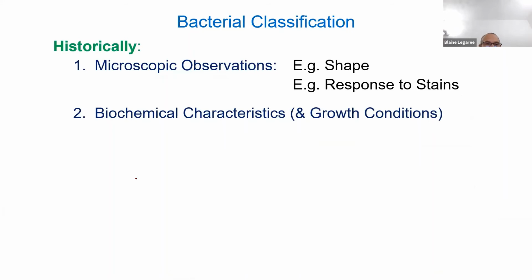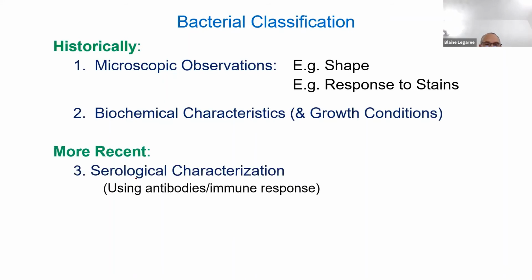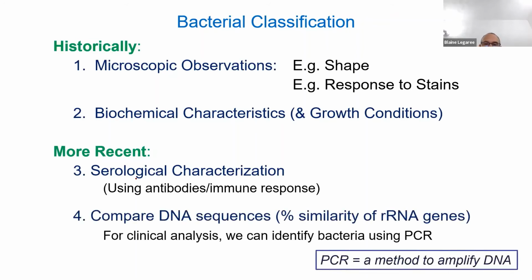More recently, we're looking at serological characterization, so that's looking at how the immune system responds, and also, as mentioned, what their genome sequences look like. And we're typically looking at ribosomal RNA sequences because ribosomes are found in all organisms.